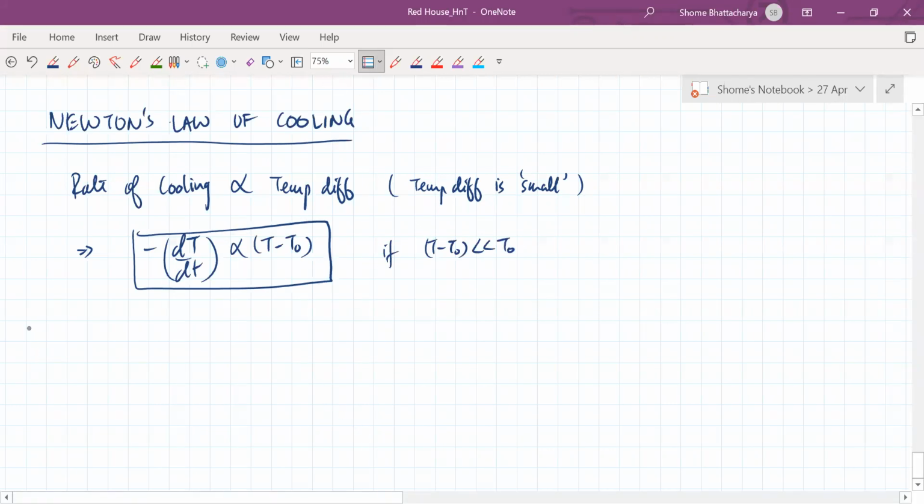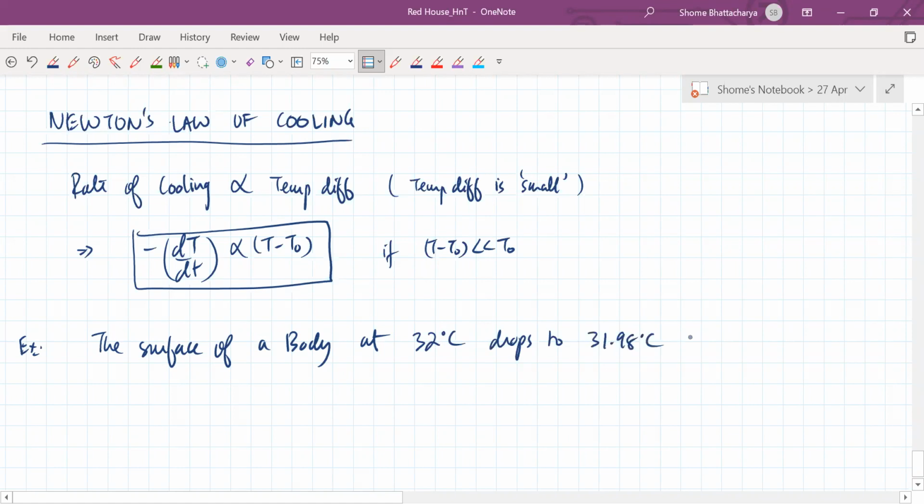Okay, so one type of direct application question is that the surface of a body at, let's say, 32 degrees C drops to 31.98 degrees C in 10 seconds in an environment at temperature equal to 27 degrees C. Okay.